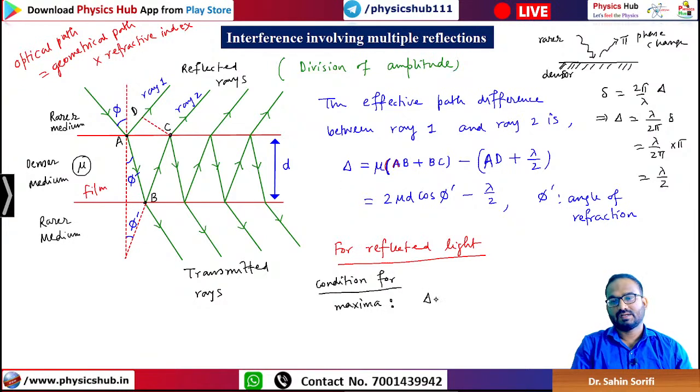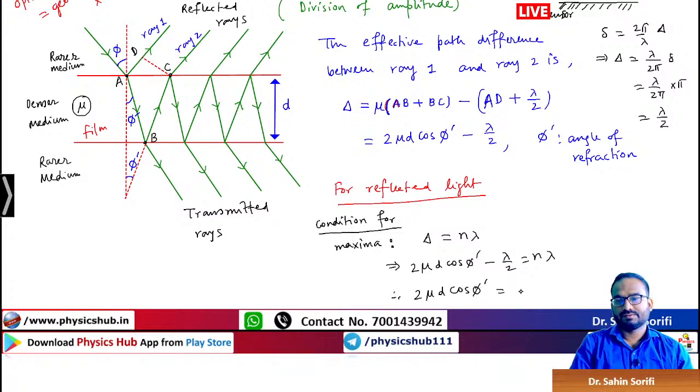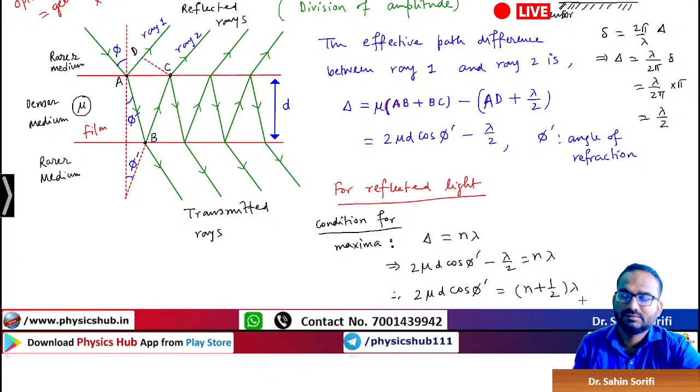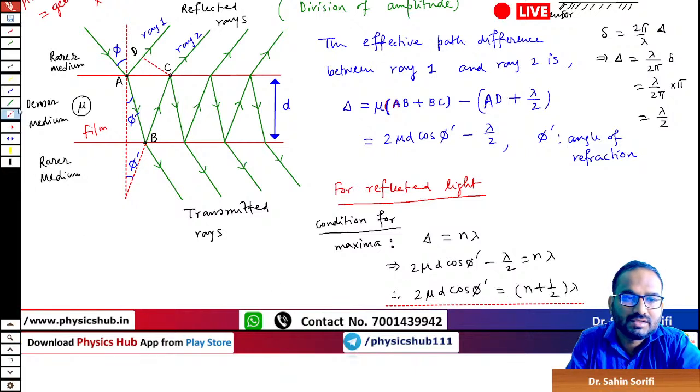Obviously delta is equal to n lambda, or twice mu D cos phi prime minus lambda by 2 is equal to n lambda, and that is why twice mu D cos phi prime is equal to n plus half times lambda. So this is the condition of maxima in thin film interference.